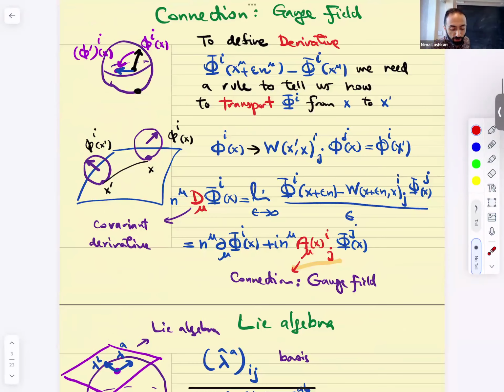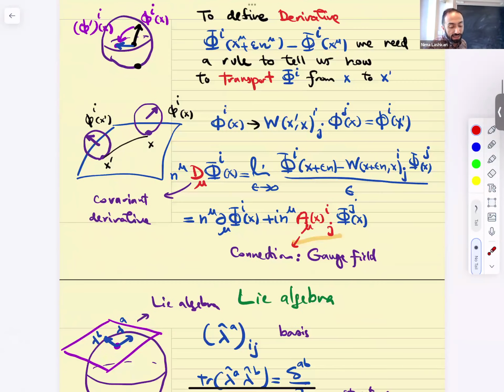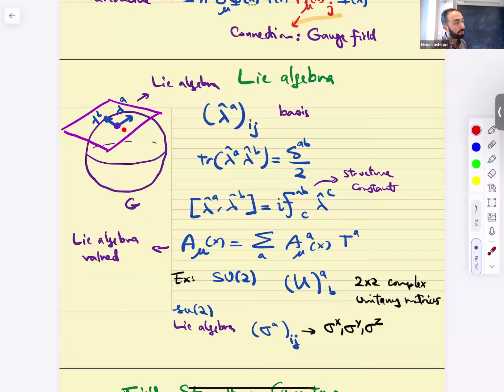Now here, there are two labels that I'm using to describe this. But then we said, well, here's a tangent space at each point, right? It's easy to pick a basis, right? This is a group. I'm going to define a trace for it. And I pick these orthogonal generators, so this becomes an inner product for my Lie algebra, right? And this half is usually conventional, right? And these provide a basis for my Lie algebra, for the tangent space of my Lie group.